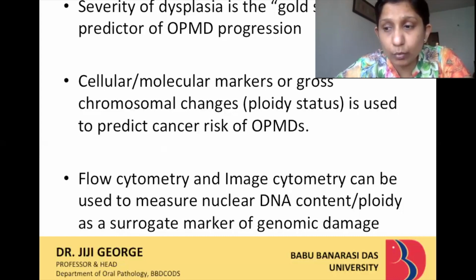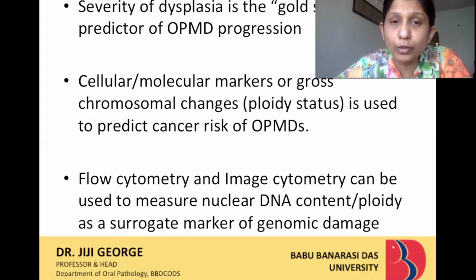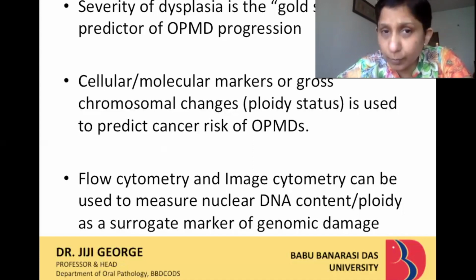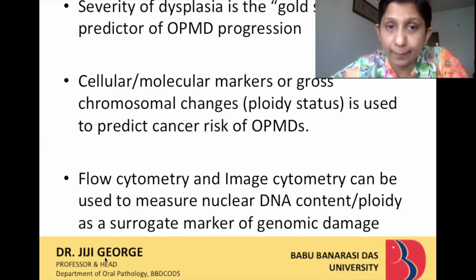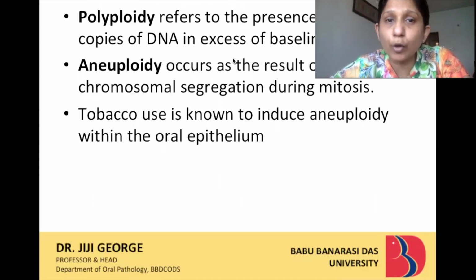So we need to do some studies at the genetic level. Flow cytometry and image cytometry are two different methods using which we can measure the nuclear DNA content or the ploidy status as a surrogate marker of the genomic damage which the cells have probably undergone. So what is polyploidy and what is aneuploidy?